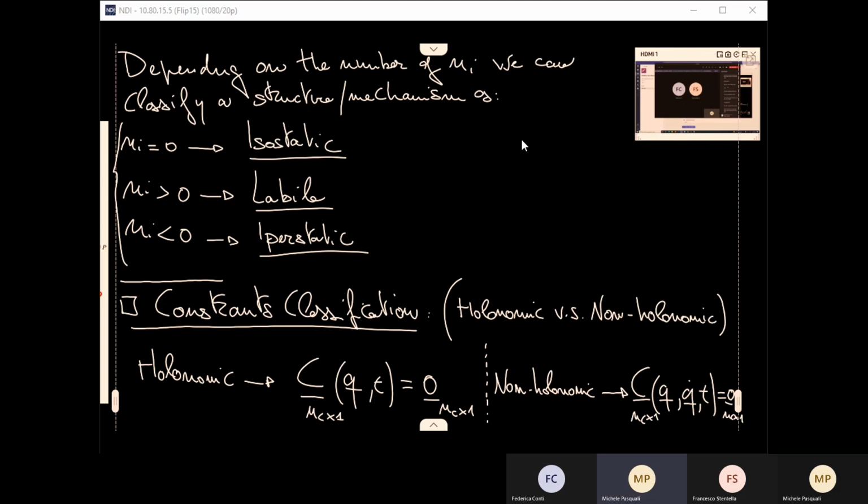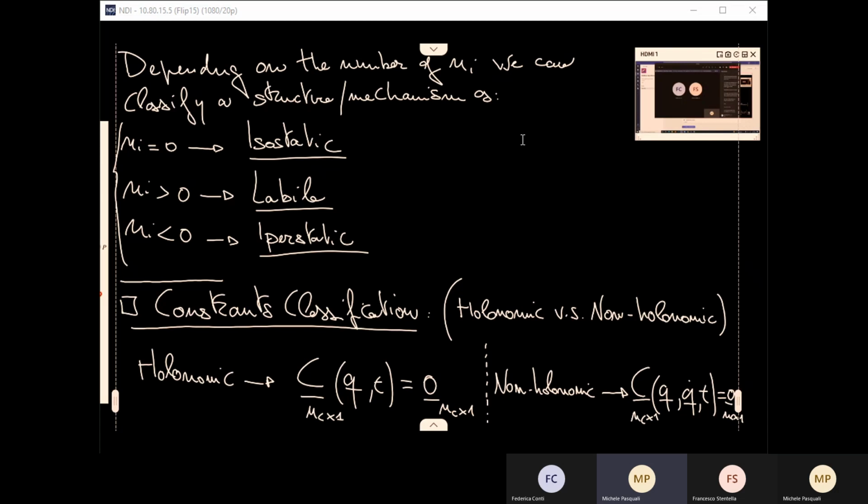But the most important thing about this differentiation we've done is that they will eventually force us to come out with two different formulations for the equations of motion of our bodies. Because the equations of motion will be a way to describe through equations the way that our body can move, as an effect of forces or torques exerted on them, and as an effect of the constraints that will limit their possibility to move in space, okay?